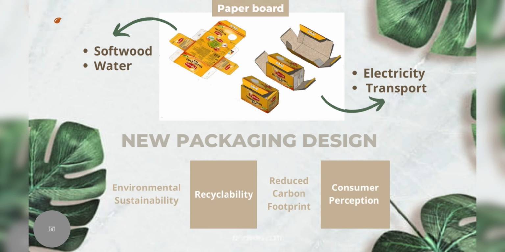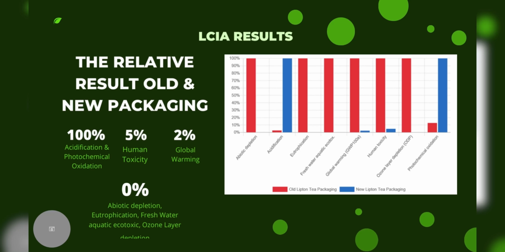Okay, now let's see our life cycle impact assessment (LCIA). The new packaging design has a high impact, which is 100% on acidification and photochemical oxidation. Next, the packaging shows a reduced potential for adverse health effect, which is only 5% on human compared to the previous design.